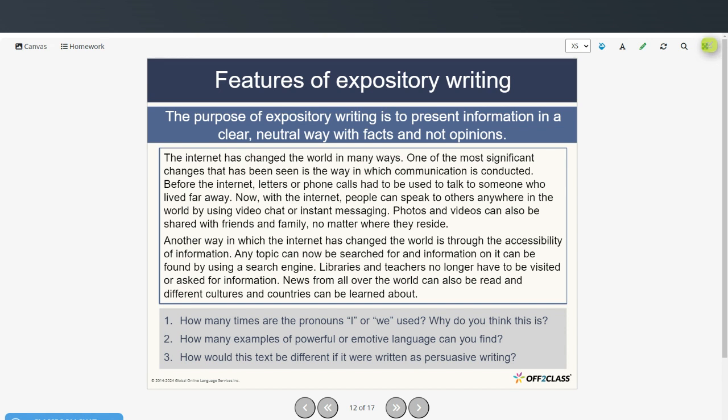And how would the text be different if it were written as a persuasive writing? Well, in a persuasive writing, the writer would probably talk about his or her own opinion as to whether the changes brought by the internet are good or bad, positive or negative. In persuasive writing, the writer will take a position and then try to defend that position rather than just presenting information.